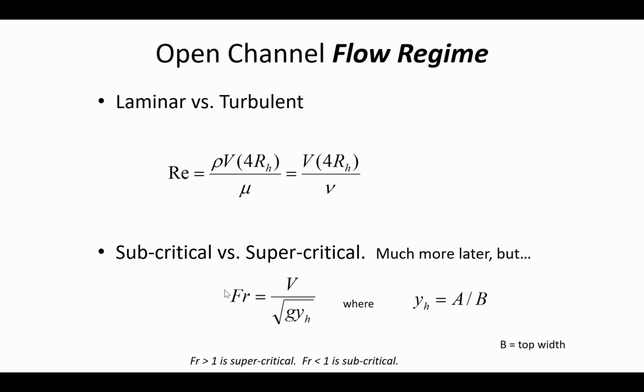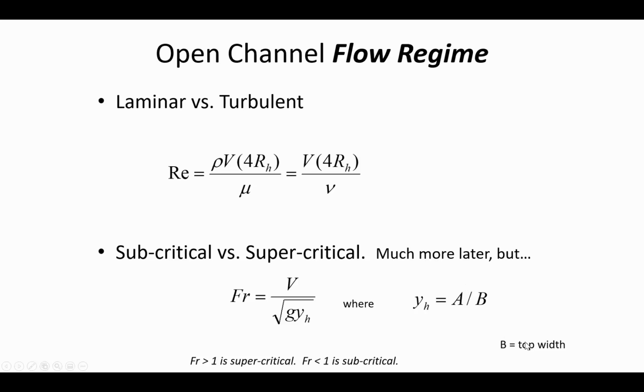What you need to know for now is that if you have a Froude number of more than 1, it's supercritical, and you can calculate the Froude number by knowing the flow velocity and dividing it by the square root of g times the hydraulic depth. The hydraulic depth is the area divided by the top width of the channel.